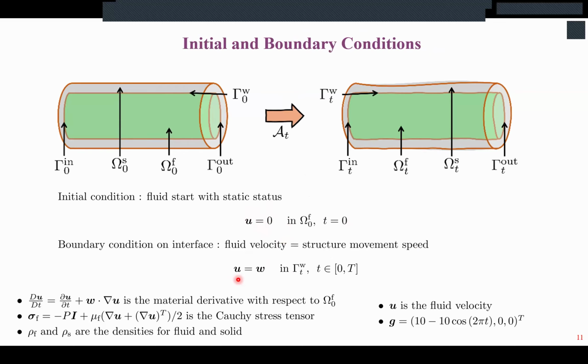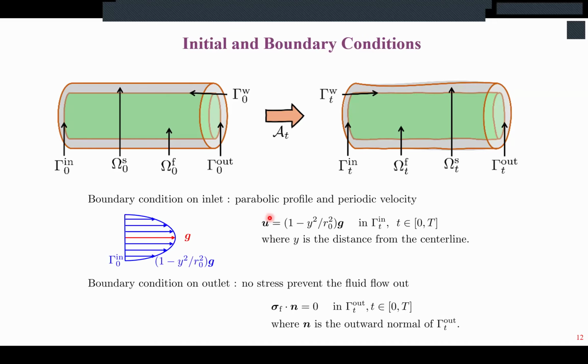For the boundary conditions, the most important part is on the interface. On the interface, the velocity of the fluid should equal the velocity of the solid. The structure part is moving, so it has a moving speed, which we defined just now as w, and these two velocities should be equal at this interface. That is the velocity continuity.